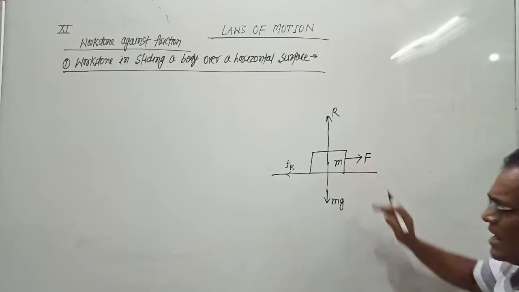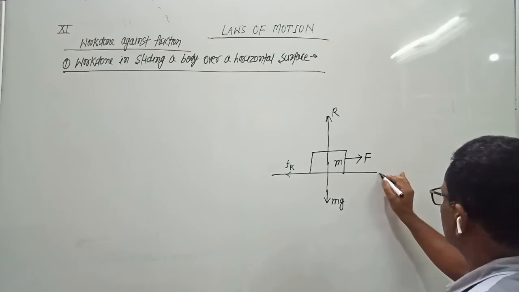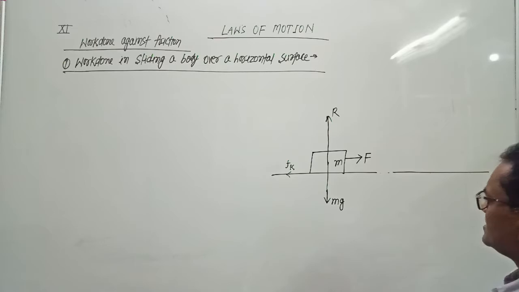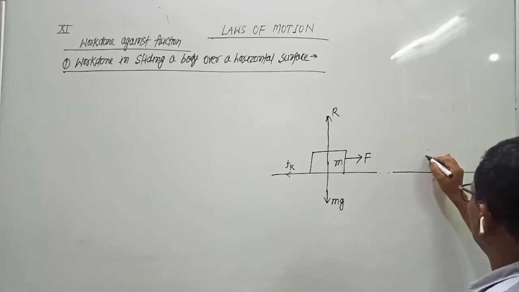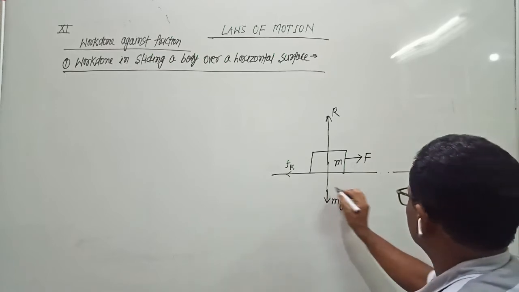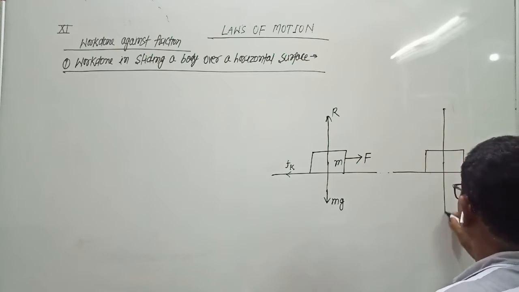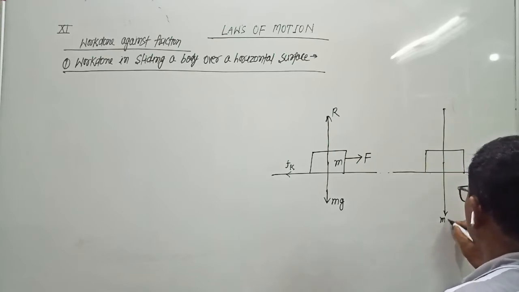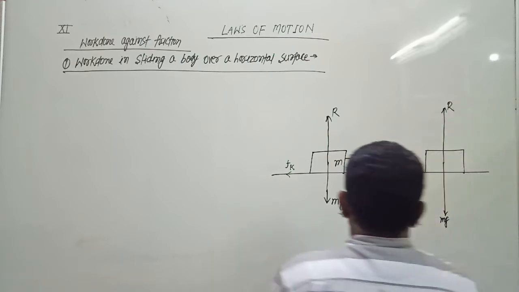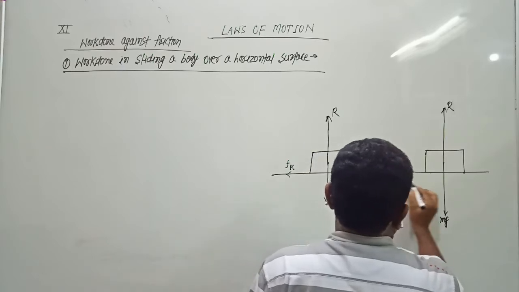Now, after applying the force F, suppose the body displaces its position and covers a distance of S meter. Its weight mg is in the downward direction, normal reaction is R, and the body covers a distance S in the horizontal direction.